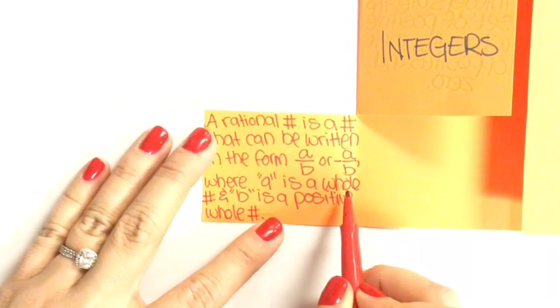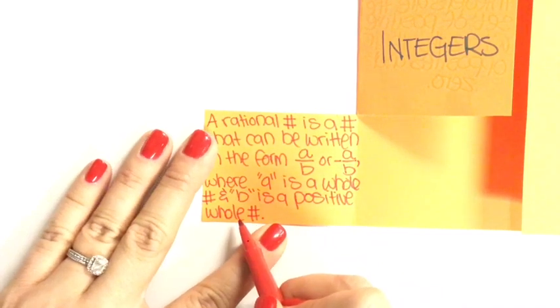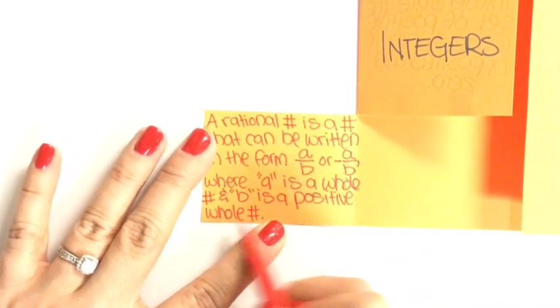So let's think about what this is saying. If a is a whole number, but b is a positive whole number, what's the difference between a whole number and a positive whole number?